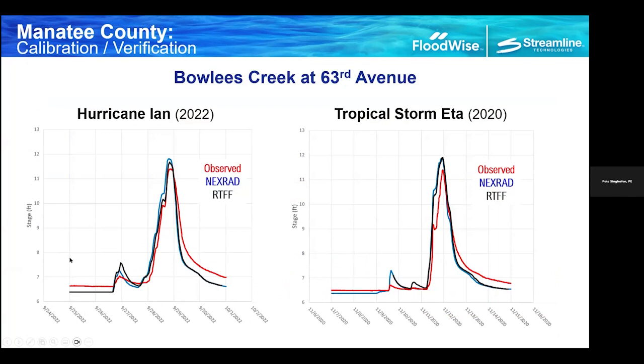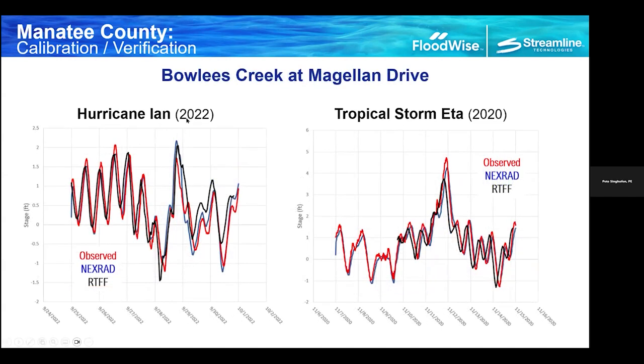We took this combined model and we calibrated it, and we looked at it using NextRad rainfall data, and then we looked at it using the FloodWise rainfall data. We used to call it the RTFF system, real-time flood forecasting system, and then compared them to the observed data at, I think we looked at 5 different stream gauges, and for 2 different storms, Hurricane Ian and Tropical Storm Eta.